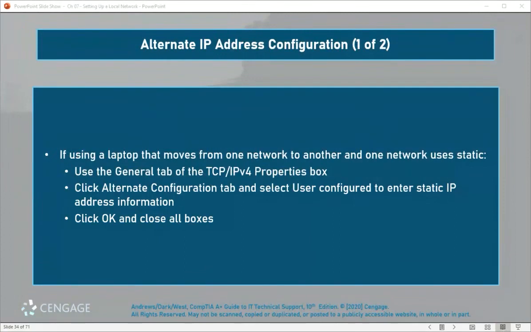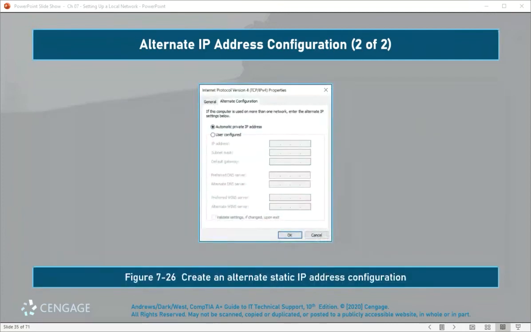But faculty, in certain cases, depending on whether or not we need to be able to access a particular server or virtual machines or anything that has an external facing IP address, we may need to use static IP so that we can connect to it based on whether or not we're physically present in the same network area. So here we can see automatic addressing being selected versus user configured for our alternate configuration.